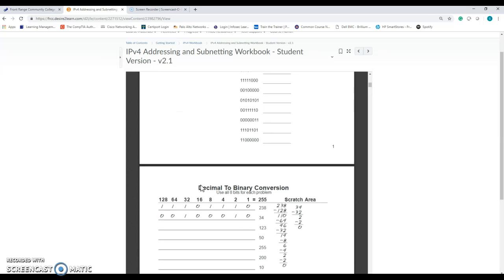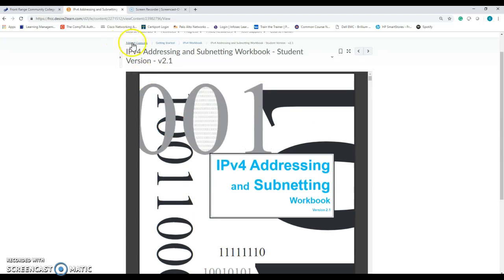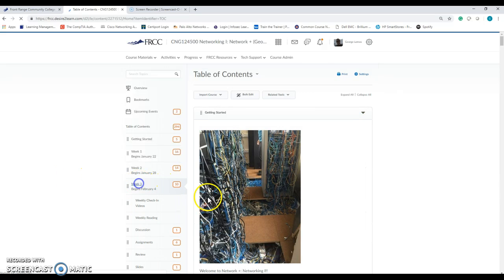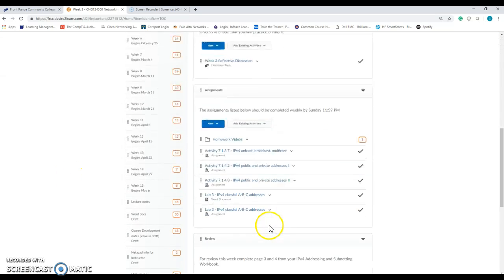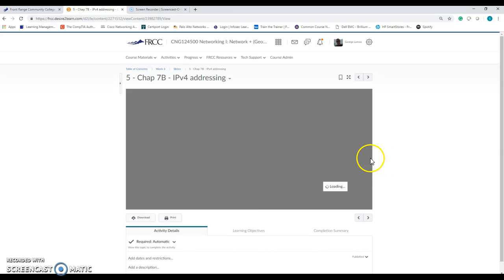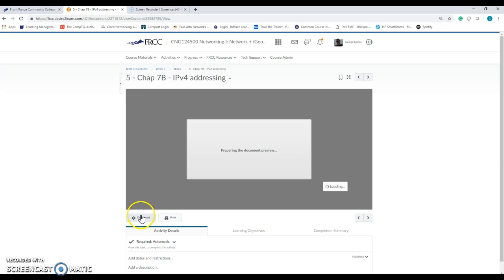With that, make sure to go to the table of contents, look over the slides, and if you want to have the slides open while you're working through this week, it'll definitely help you out a lot more in understanding the classes and also the private addresses.